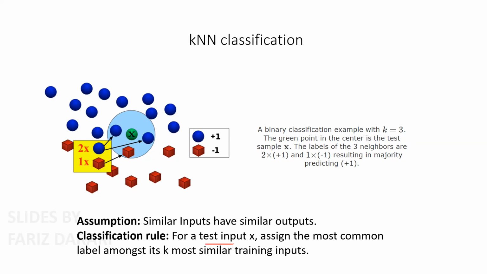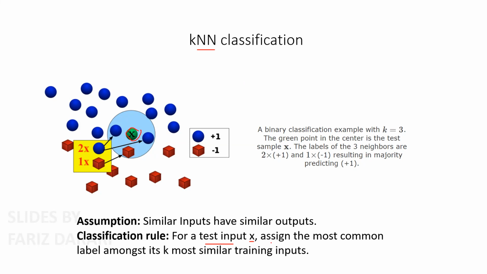So classification is that given some test input, you predict the class of the input, right? For kNN, the idea is that given some test input x, the task is to classify x.